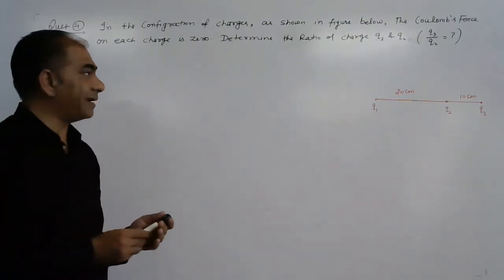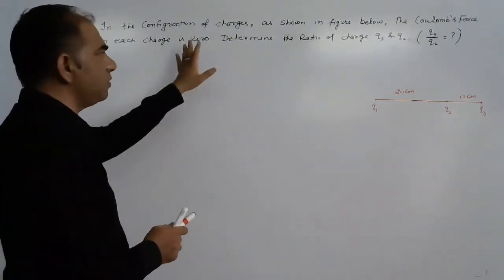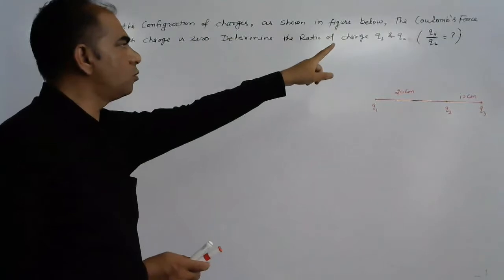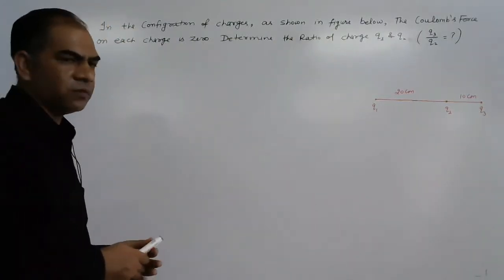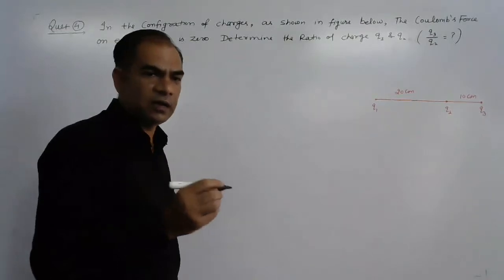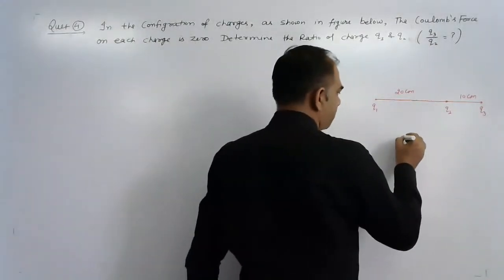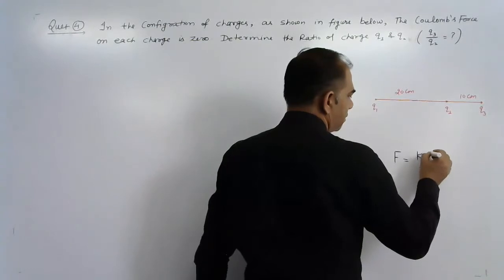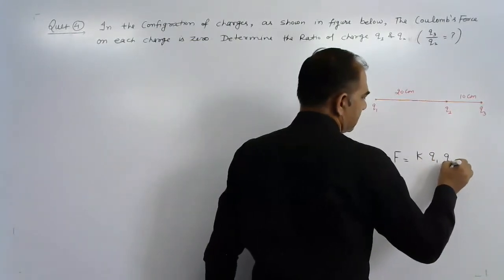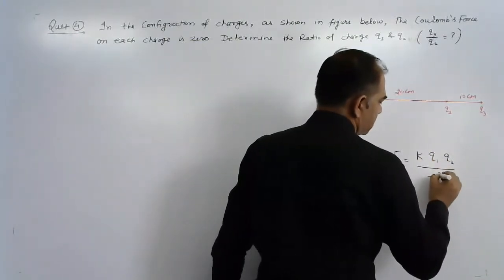Now we calculate. The first keyword of this question is that the Coulomb force on each charge is 0, meaning we apply the formula of electrostatic force, and the basic formula is F is equal to K first charge, second charge, upon distance square.